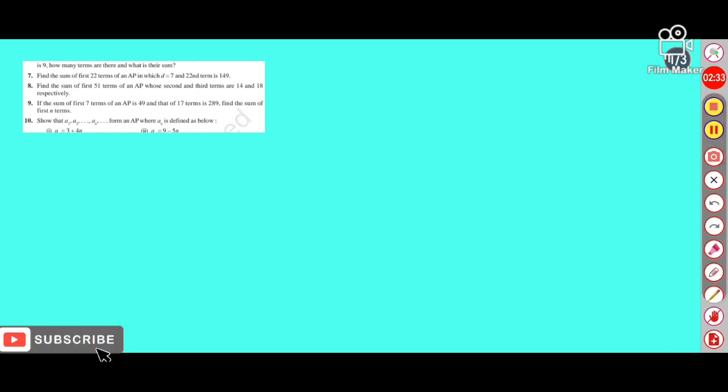We'll see the 8th question. Find the sum of the first 51 terms of an AP whose second and third terms are 14 and 18 respectively. They are asking us to find S51.